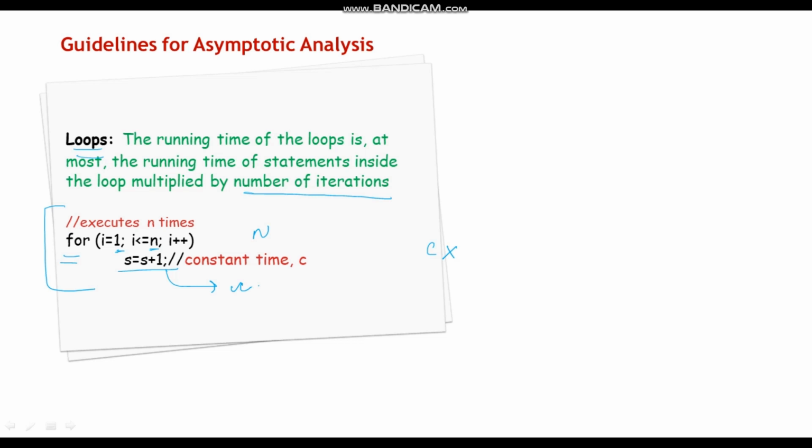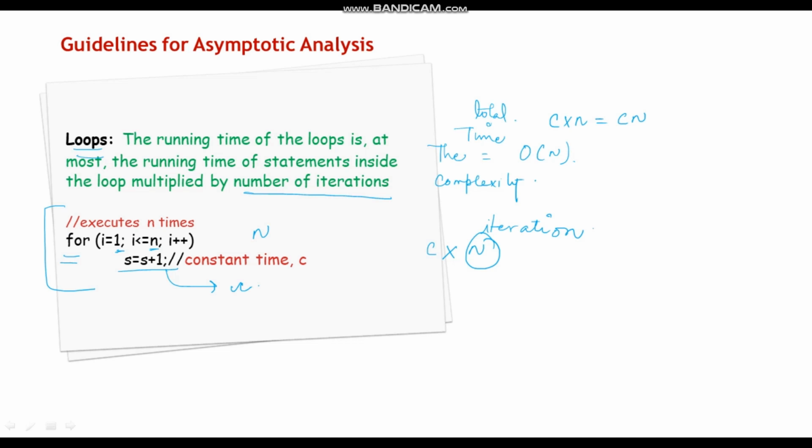The statement has a constant time c, and the for loop will execute n times, so the total time will be c into n, Cn, and the complexity is given as O of n.